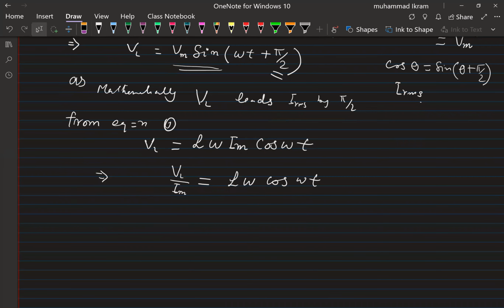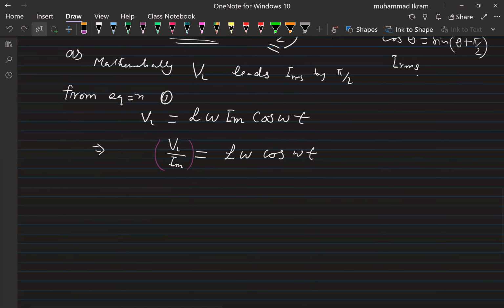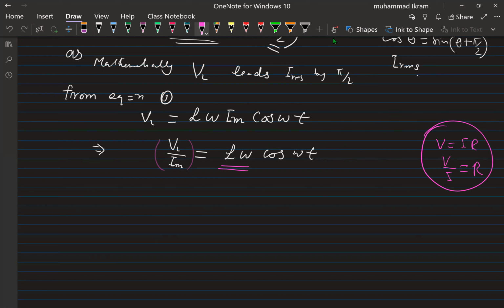Definitely, if you look at this part of the equation, from Ohm's law we say V is equal to IR. So what is V by I? It is definitely R. Here there is no pure resistor, but here it is inductance. Since it is a mathematical function, it has no specific unit. So definitely this L omega will be equal to some sort of resistance, L omega resistance.